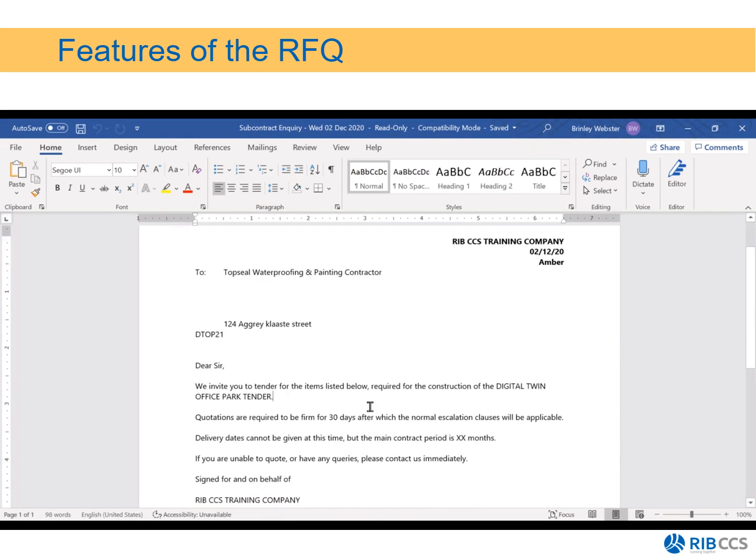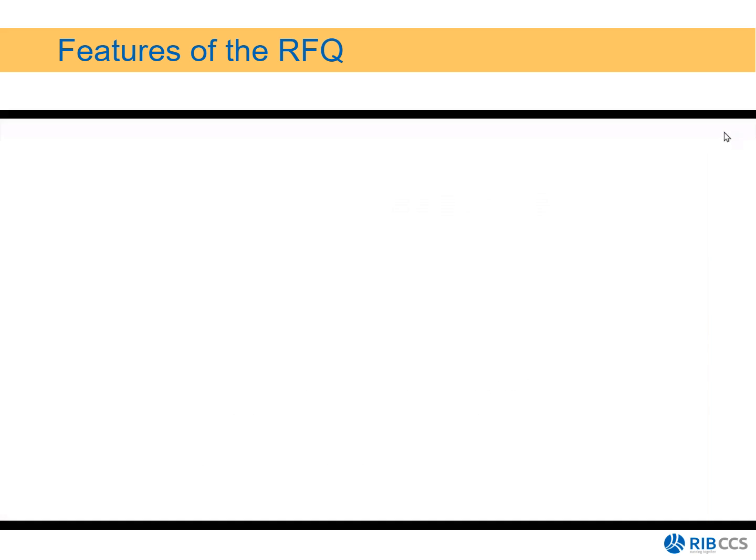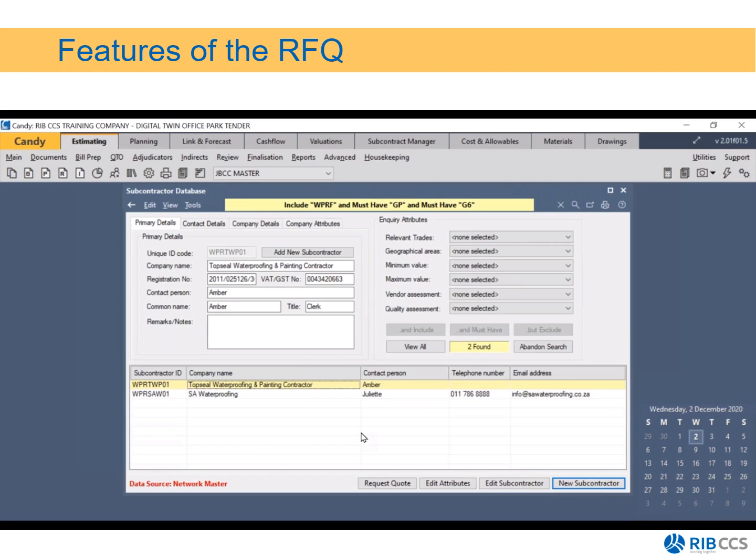On this template letter, you could also include links to all of the backup information, so the specifications and the drawings, so that when they click on that link, they can automatically go to the drawings and specifications, which will save you time. So that is the beauty of using our subcontractor database.